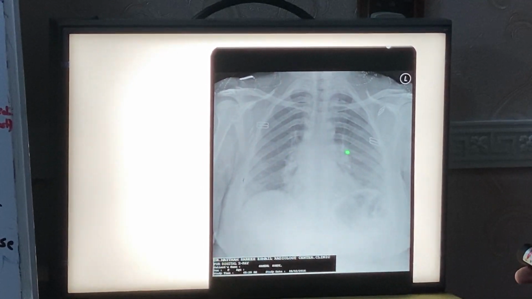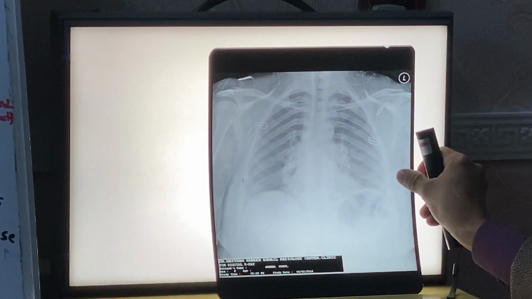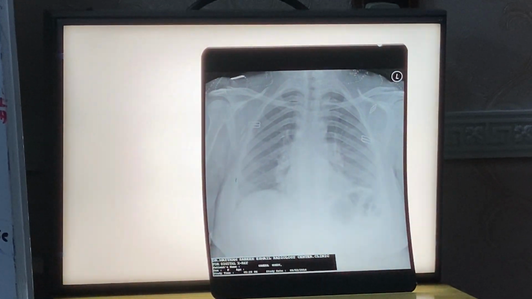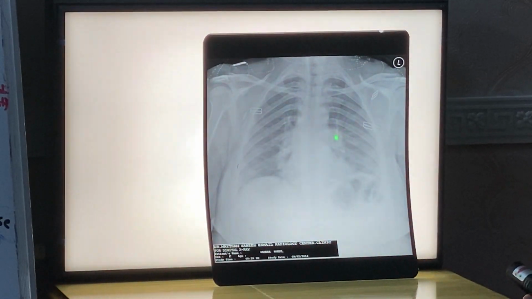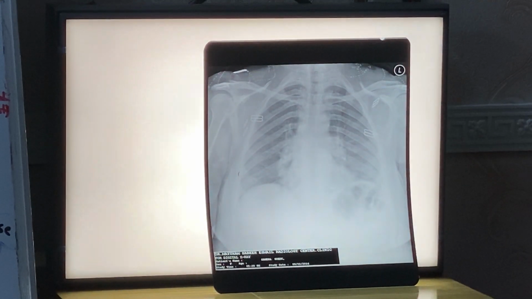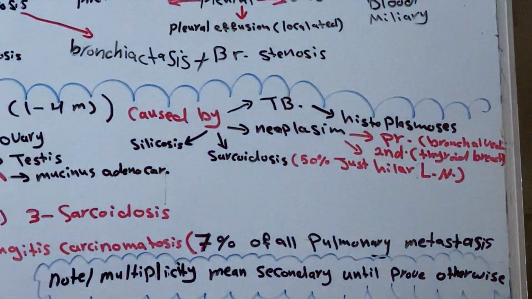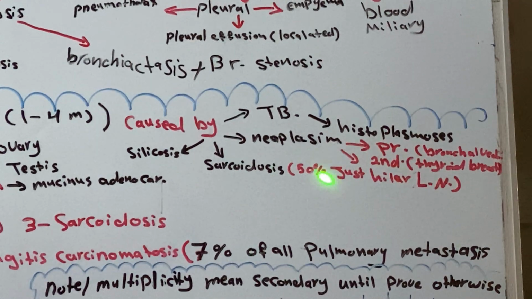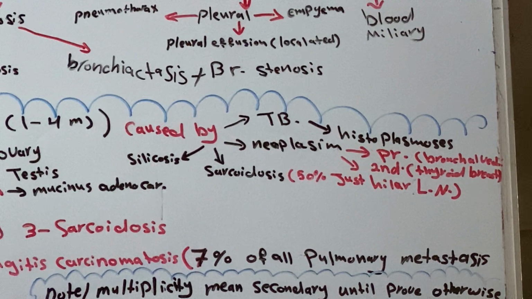This is hilar lymph node enlargement, commonly caused by sarcoidosis, as we said. Sarcoidosis presents in 50% with just hilar lymph node enlargement. This is caused by sarcoidosis.